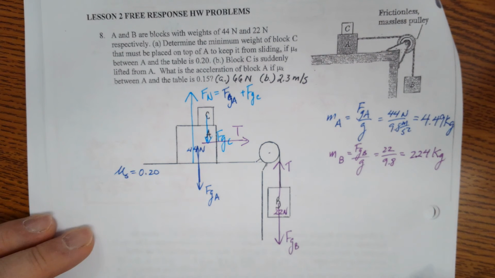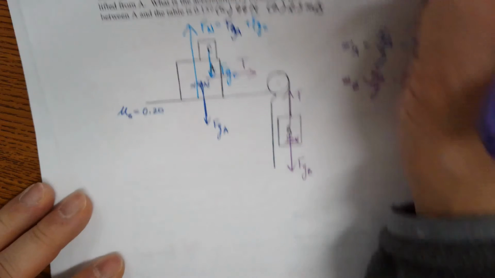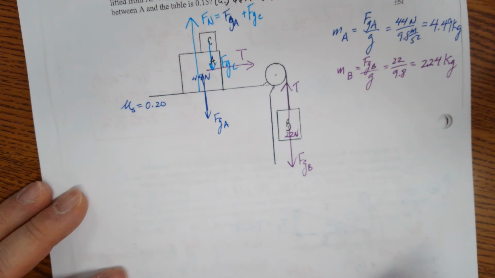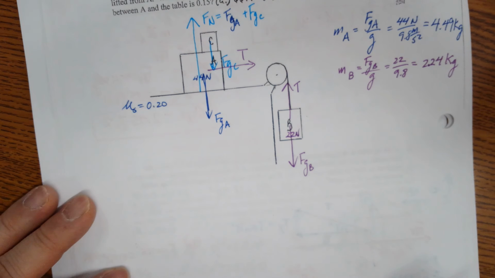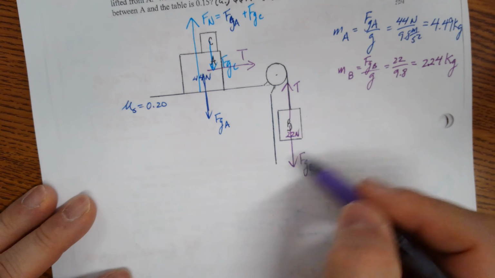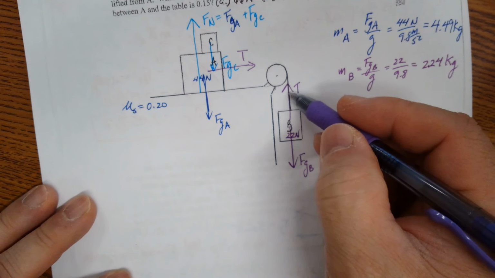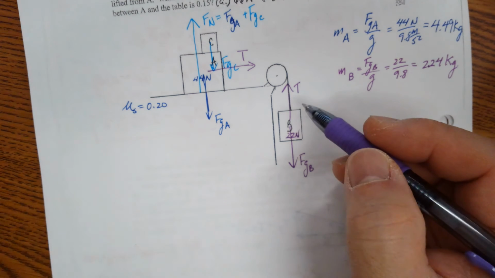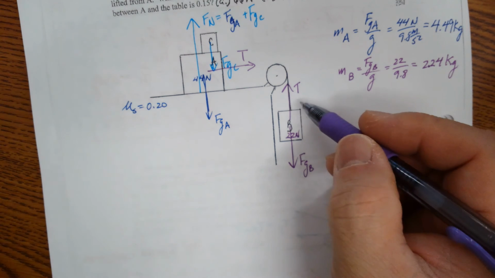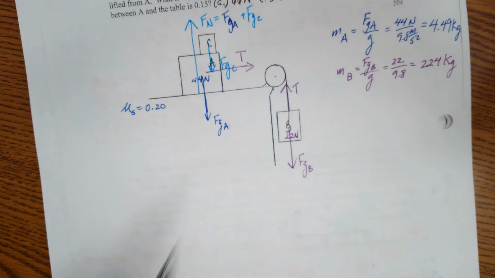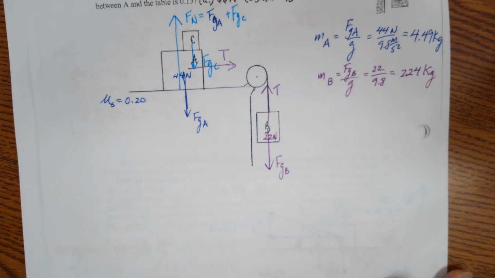If B is not moving, this tension is caused by the weight of the block B.